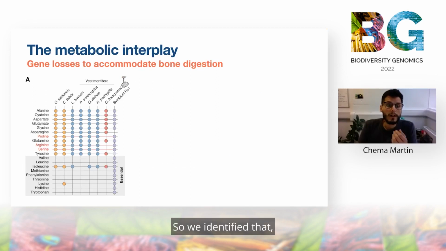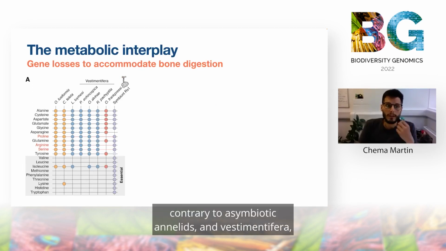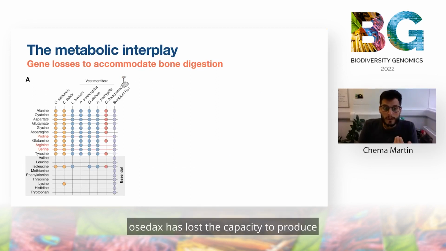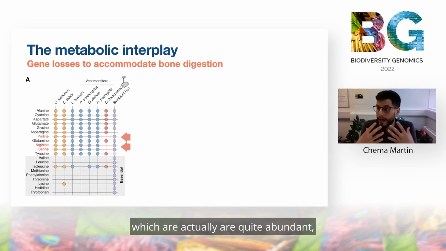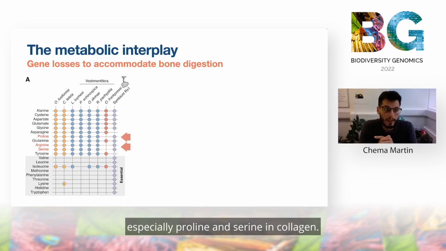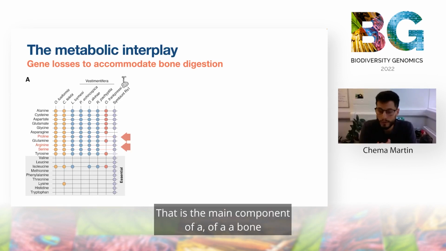So we identified that, contrary to asymbiotic annelids and Vestimentifera, Osedax has lost the capacity to produce 3 amino acids: proline, arginine, and serine, which are quite abundant, especially proline and serine, in collagen, the main component of bone.